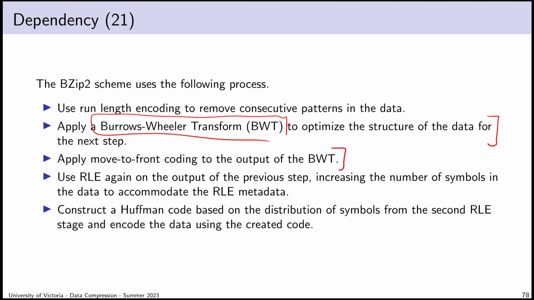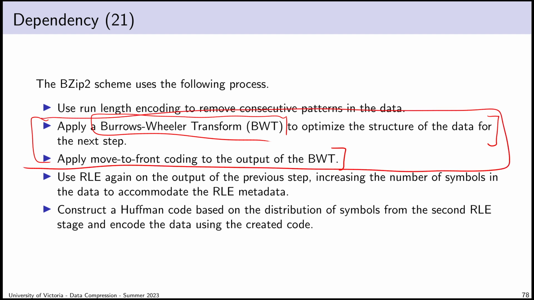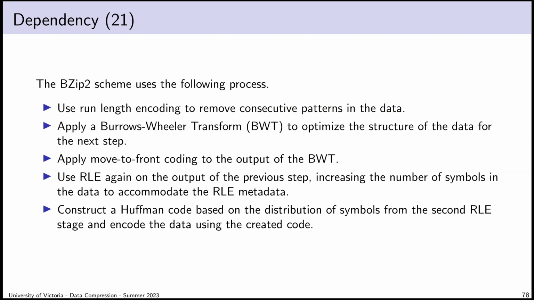Once I've applied these two transformations in a row, keeping in mind that neither of these are compression techniques themselves, I then use RLE again on the output of the move to front transform. And we'll see that this is also a very deviously clever trick because the output of the move to front transform has a very predictable way that it generates runs of consecutive characters.